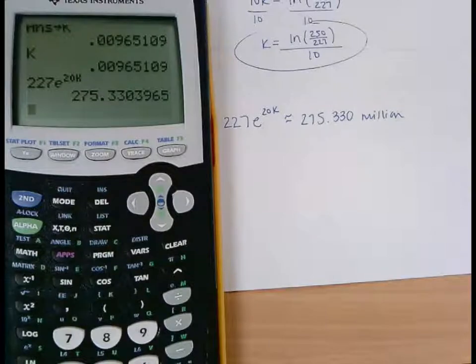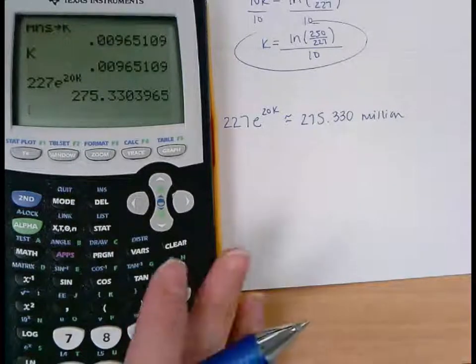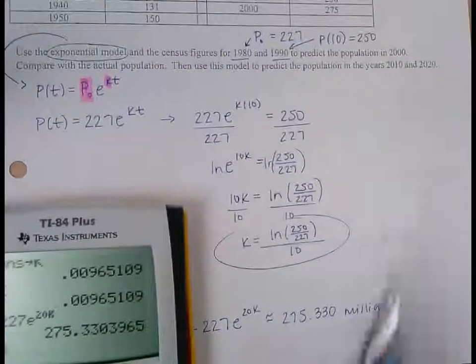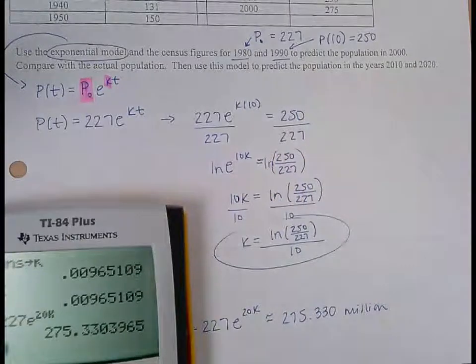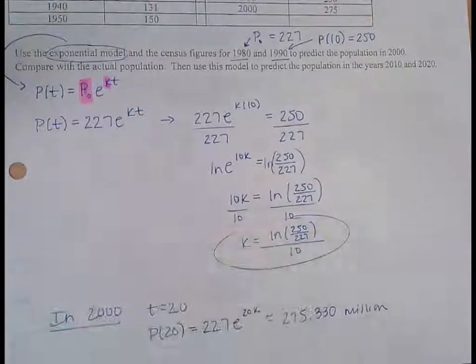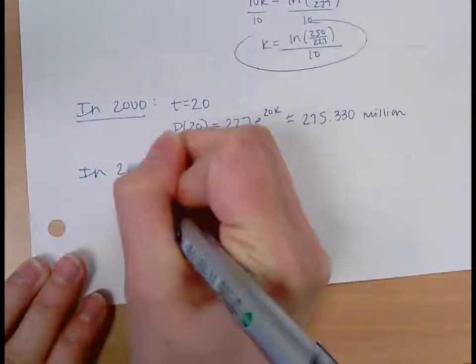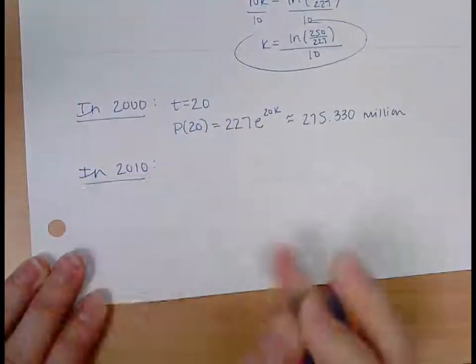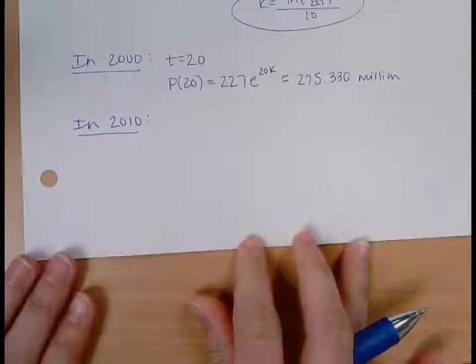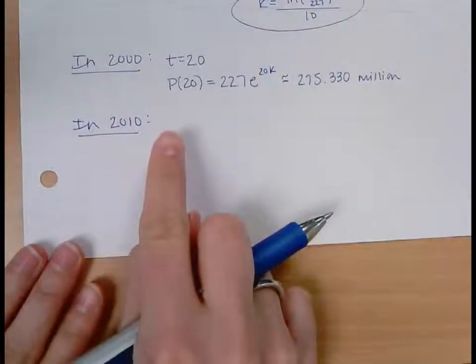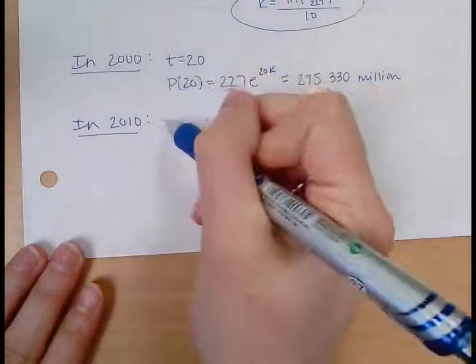That makes sense. It then also says to predict the population in the years 2010 and 2020. Because where this problem was from, it hadn't been 2010 yet. So there you go. What would T be in 2010?